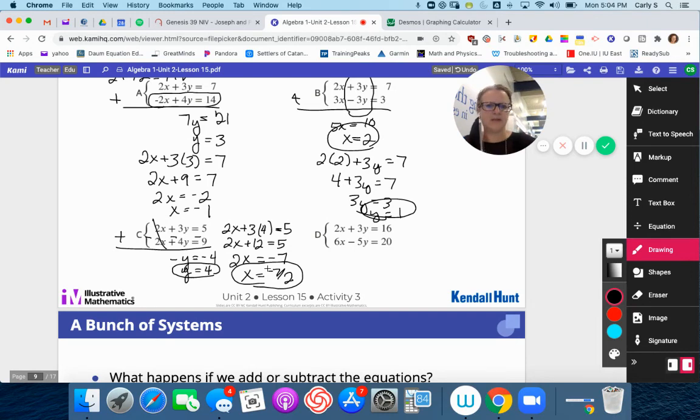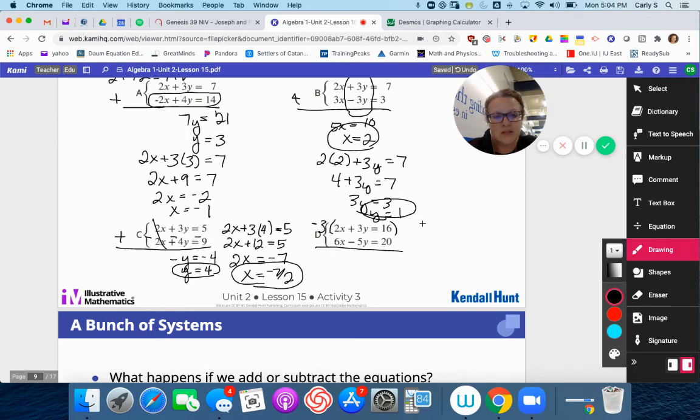Now this last one, I don't have any terms where I have the same variables, but the coefficients are the exact same, and either opposite signs or not. Okay, but I can actually multiply this whole equation by negative 3 and make it work.